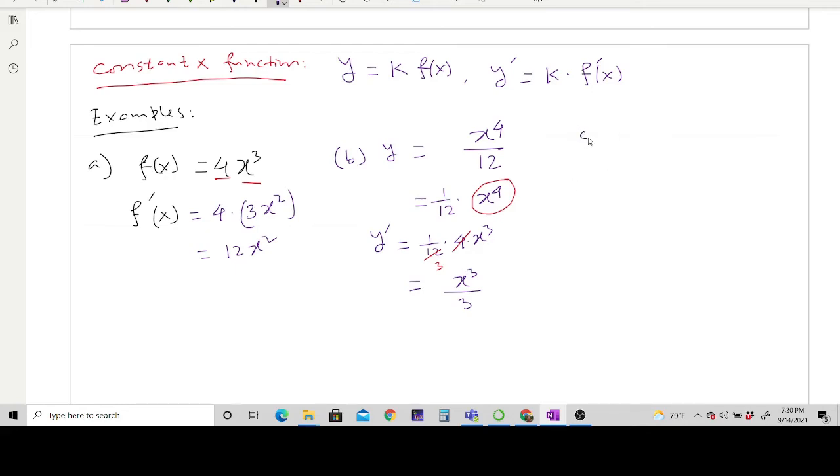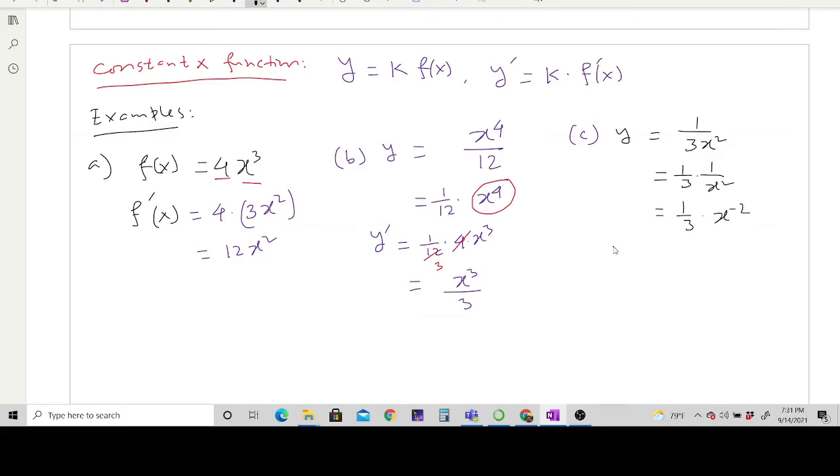Okay, one more example. f of x or y equals 1 over 3x squared. Again, we can simplify this. We can write 1 over 3 times 1 over x squared, which equals 1/3 times x to the negative 2, so we change the sign of the exponent.